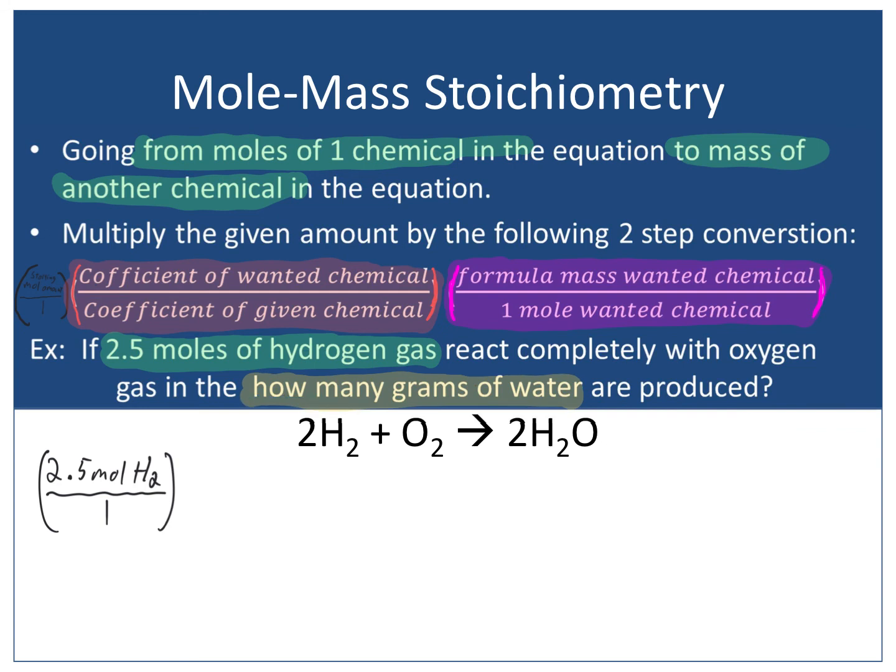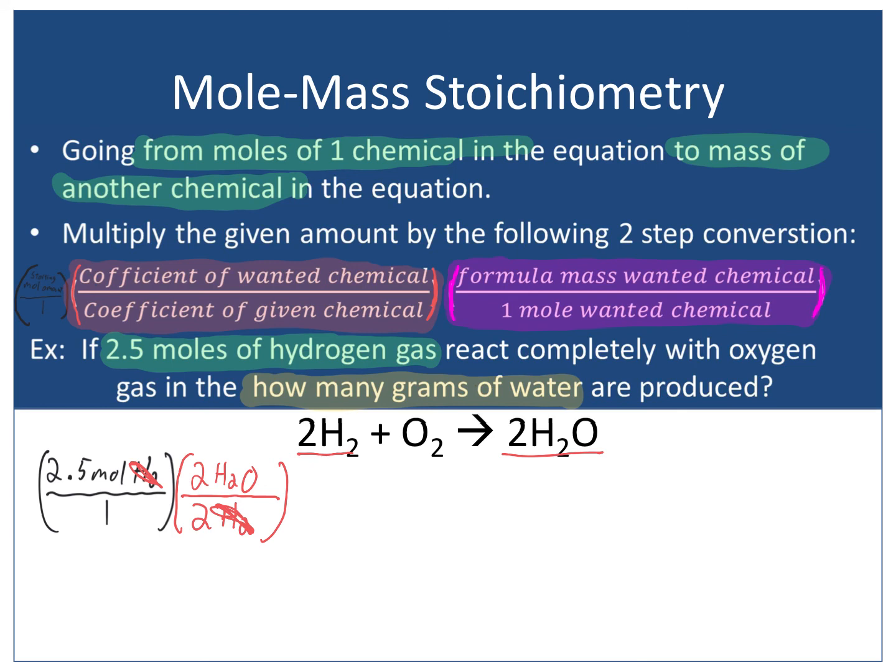So my first step is going to be to change out my hydrogens to waters. There are 2 H2s in my balanced equation, cancels out the H2s for every 2 H2Os. I could reduce both these 2's to 1's if I want to, but the math will all work out at the end, so I'm not going to. I don't want to try to do too much in my head and end up making a mental error.